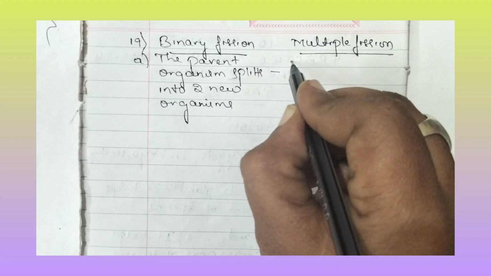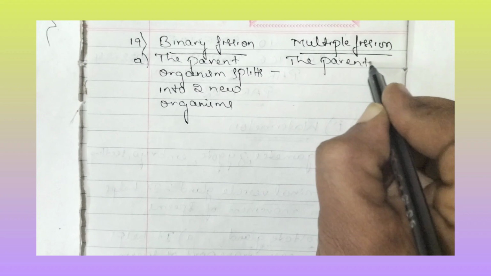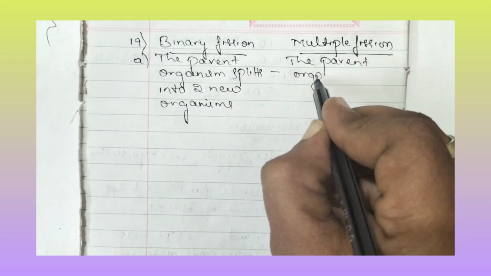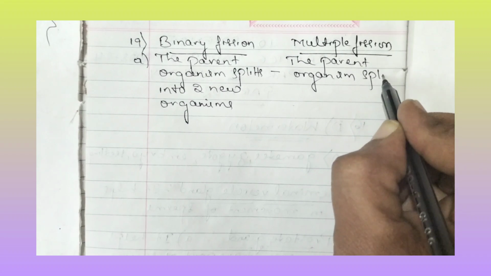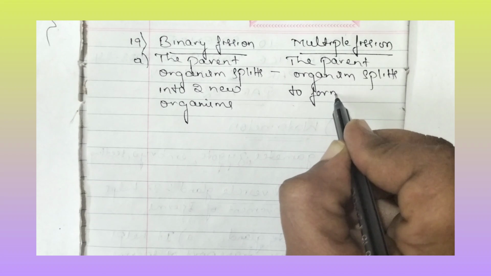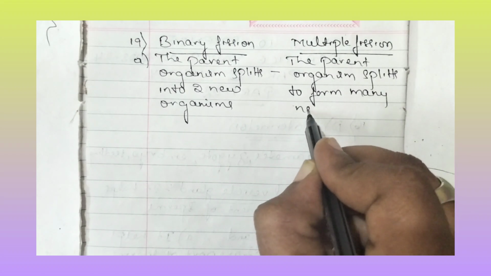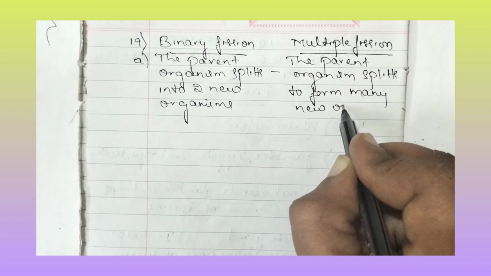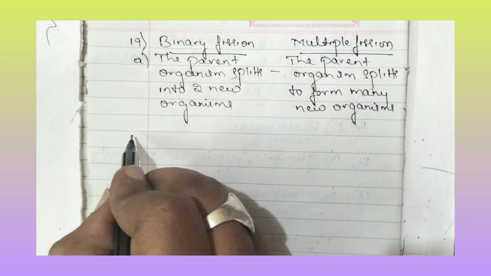Then multiple fission, the parent organism splits to form many new organisms. So this is the first difference.